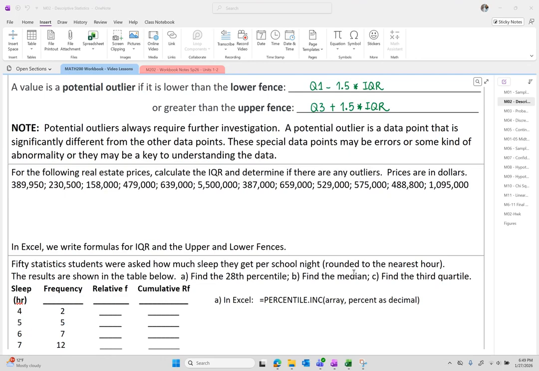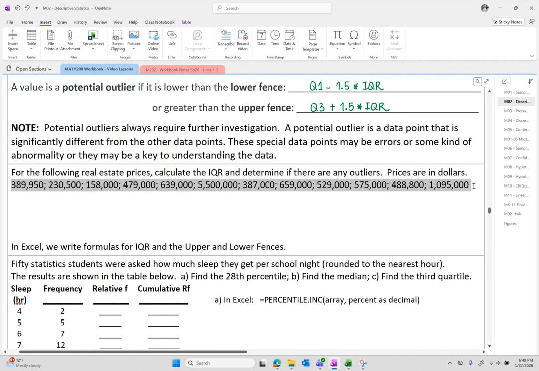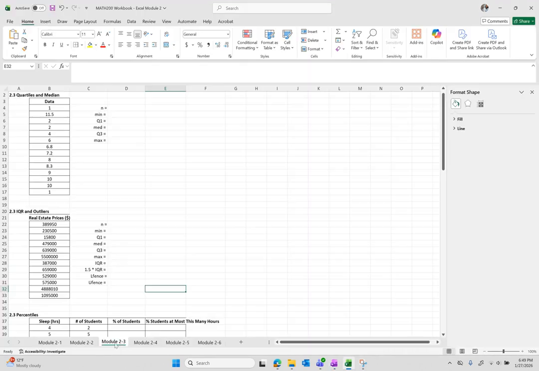I'm going to do this one in Excel so that I can show you the technology. Also, our project for this unit includes finding these values in Excel. So I have entered these values in our Excel spreadsheet. They are in the tab for section 2.3.